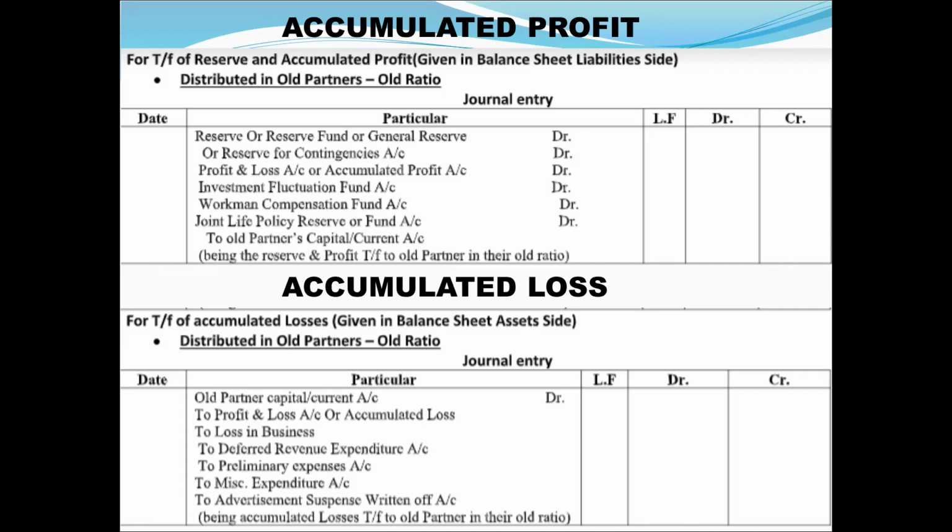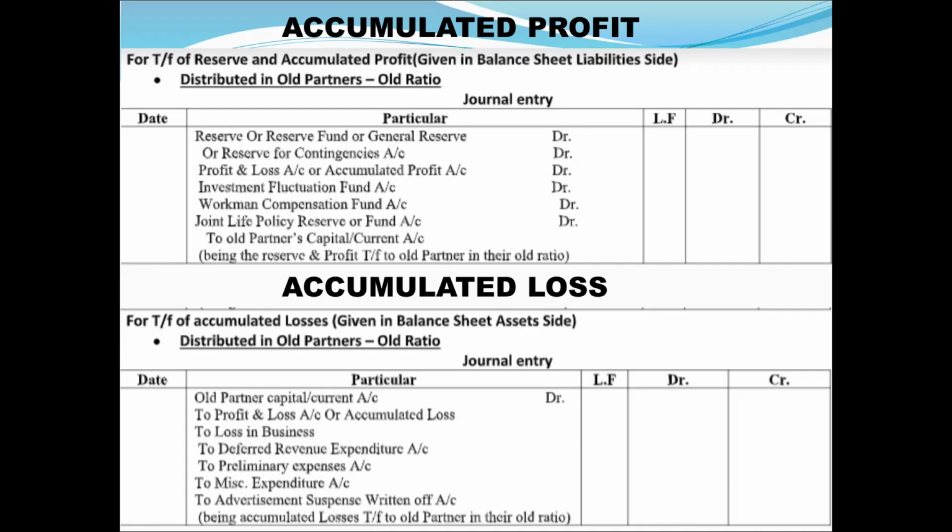In business, deferred revenue expenditure is an expense incurred during the accounting period. For example, revenue used for advertisement is deferred revenue expenditure because it will keep showing its benefit over a period of two or three years.